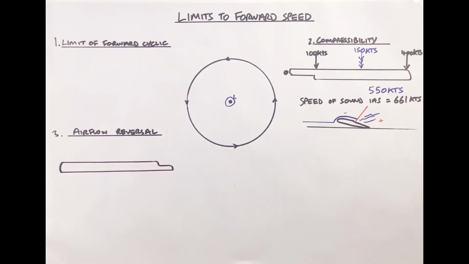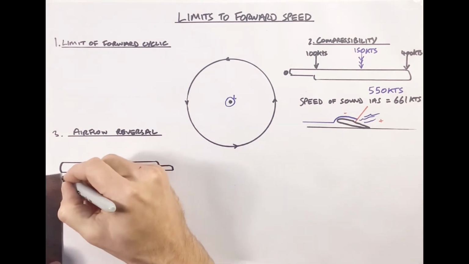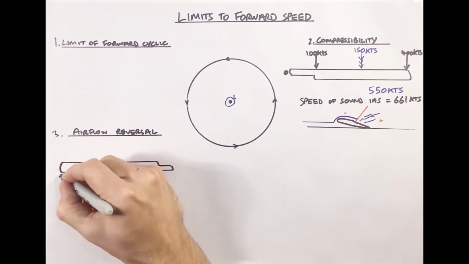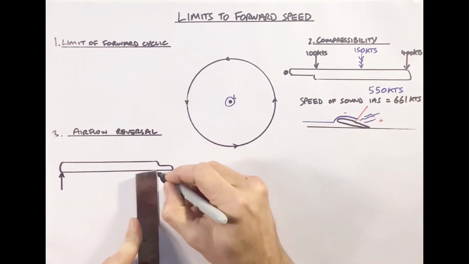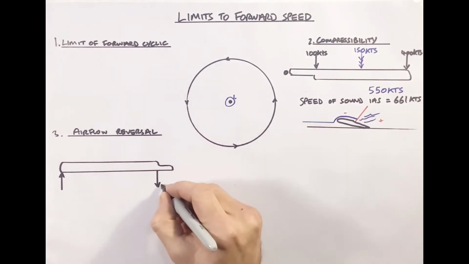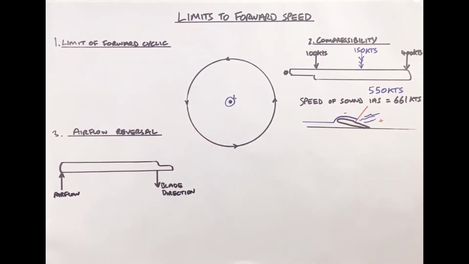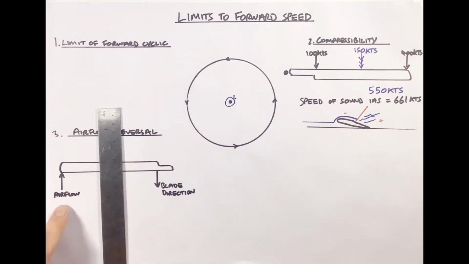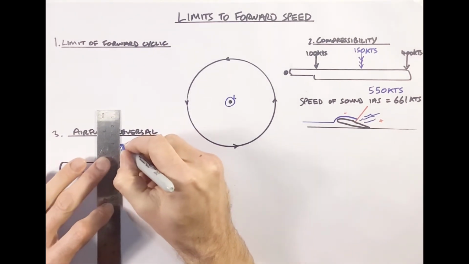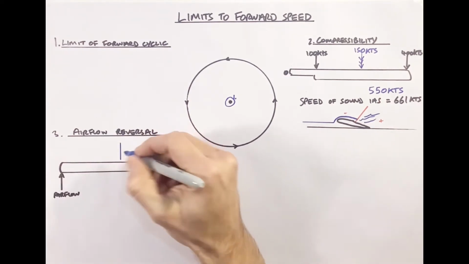So first of all, what we are doing is we're creating an airflow by moving the aircraft in this direction. But at the same time, by moving the aircraft in the opposite direction, we're creating an airflow which is counteracting our generated airflow.